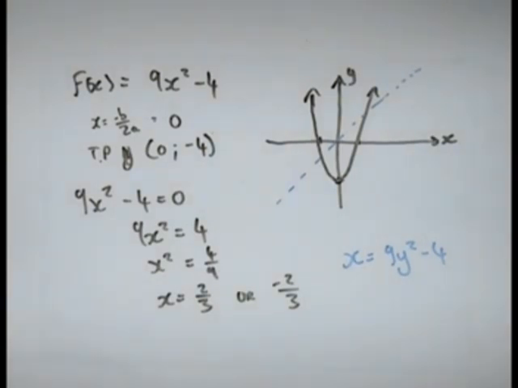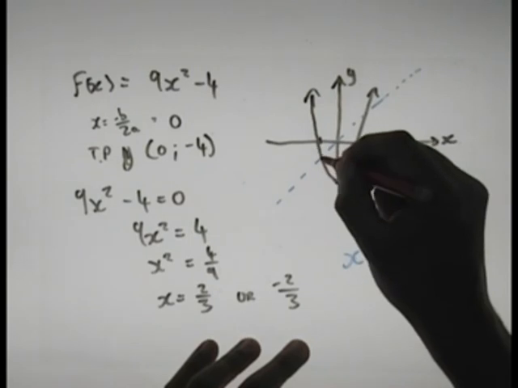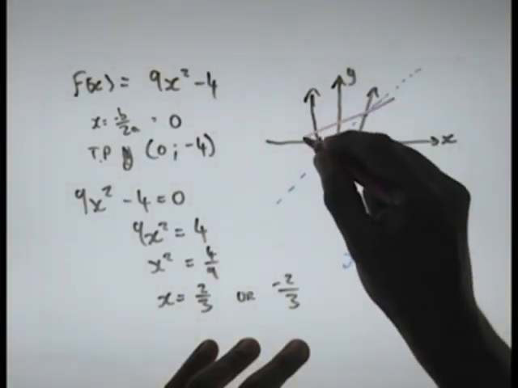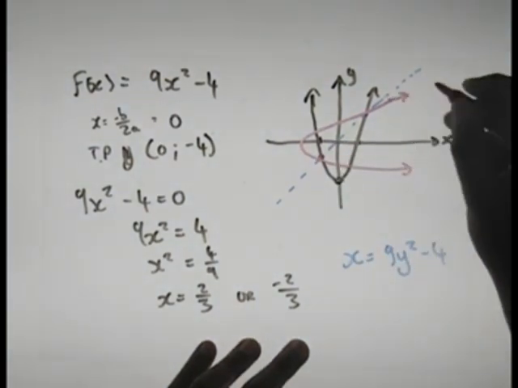If I flip my graph around that blue line, what's going to happen? It's going to intercept at those 2 points, and that's going to be my new graph.